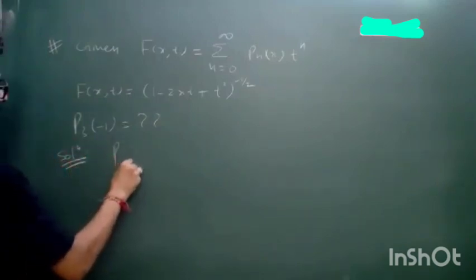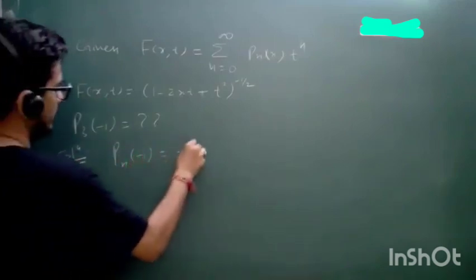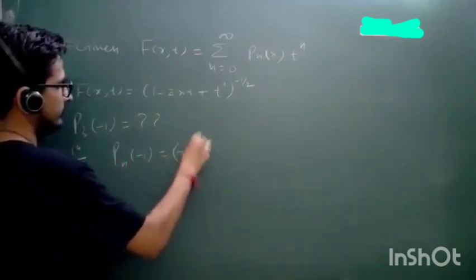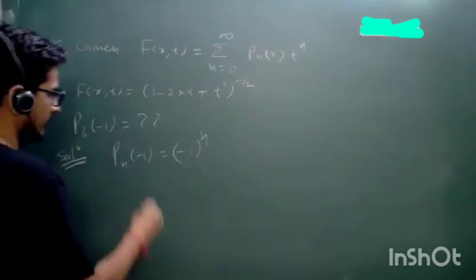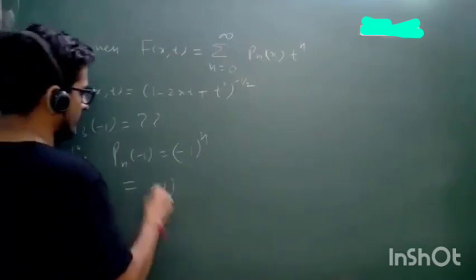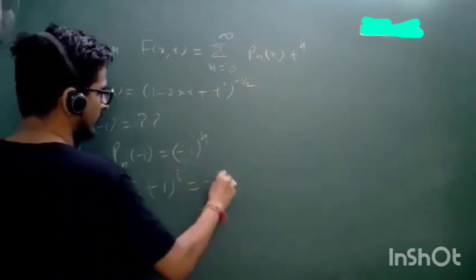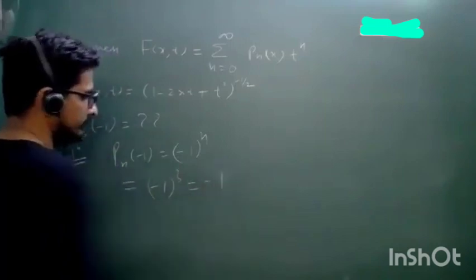Solution is Pn of minus 1 is minus 1 to the power n. So it will become minus 1 to the power 3, which is equal to minus 1. Okay.